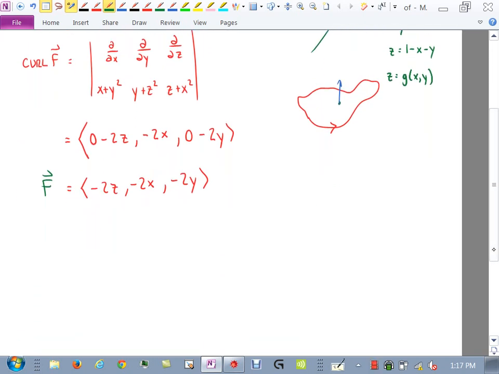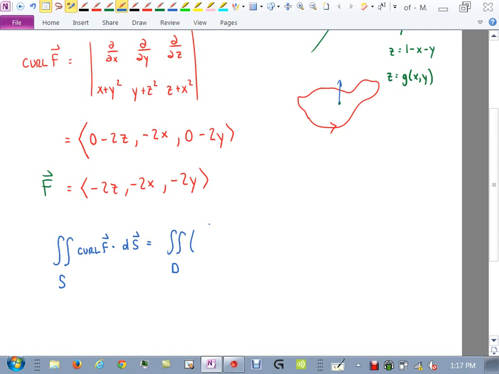So because of that, I can turn this double integral over S of the curl of F dot dS into the double integral over D of negative P, partial G with respect to X minus Q, partial G with respect to Y plus R dA, right? Everyone got that? Off of this?